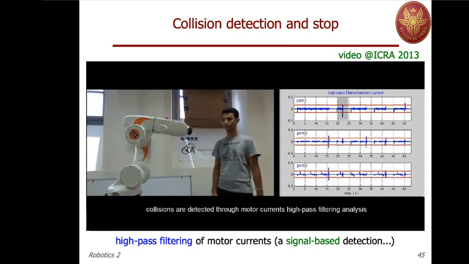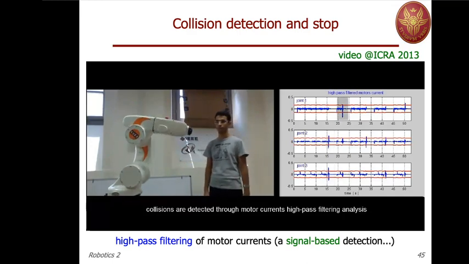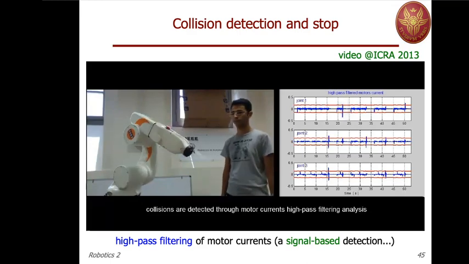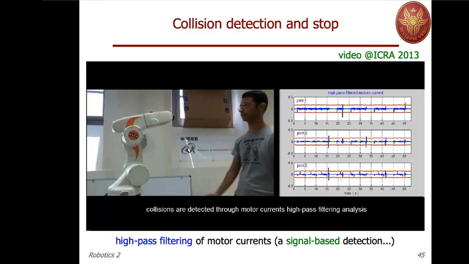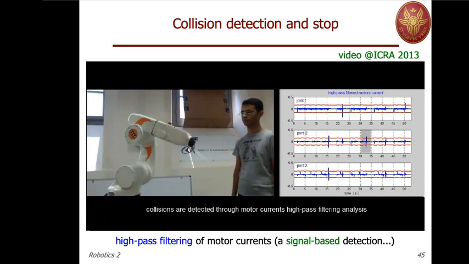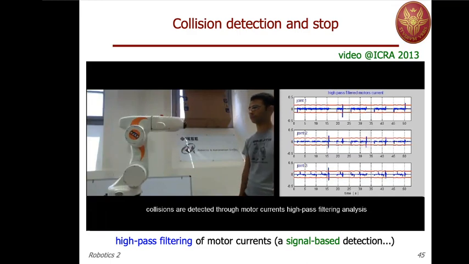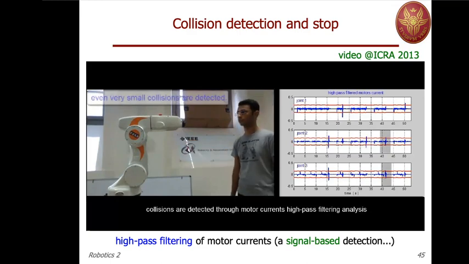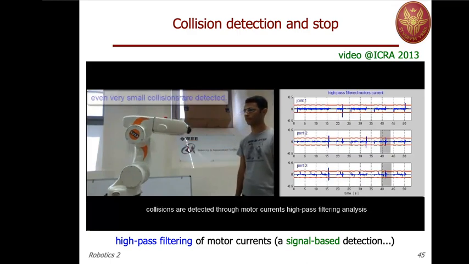Again, joint 1 exceeded, so the robot stopped. And you see that the collisions are not too dangerous. Again, the robot is not moving really at full speed, but even small collisions are being detected in this way.